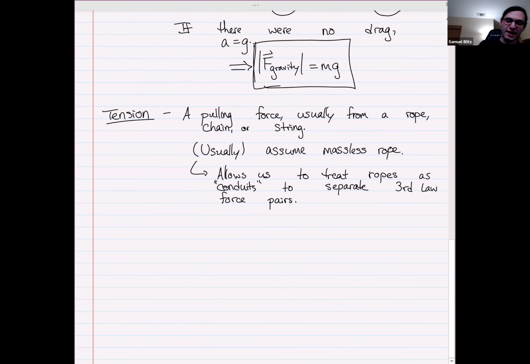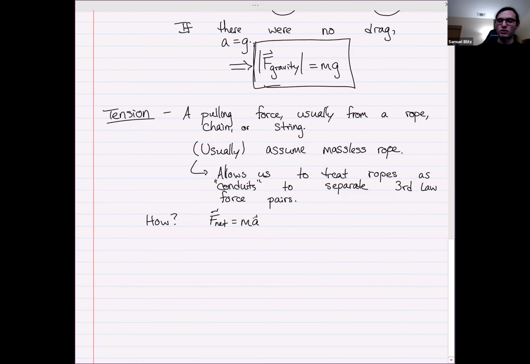So the question is how? Why is it that if we assume the rope is massless, then we can just do this? Well, remember that the net force on an object is the mass times the acceleration of the center of mass. By the way, sometimes I'll drop net or cm, assume it's there. So if we're interested in the acceleration or the force on the rope, a conduit is like a way of transferring force for free.